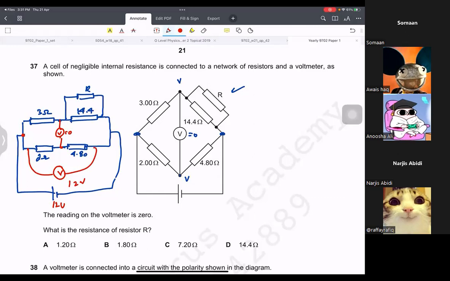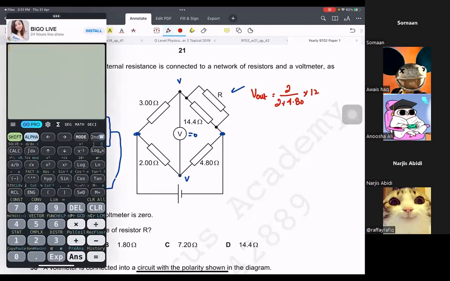So I want to find the value of voltage across this. So I can use the potential divider formula. V out equals 2 over 2 plus 4.80 times the EMF. Okay, so this will quickly let me find it. 2 divided by, very strange, 2 plus 4.80, times 12.